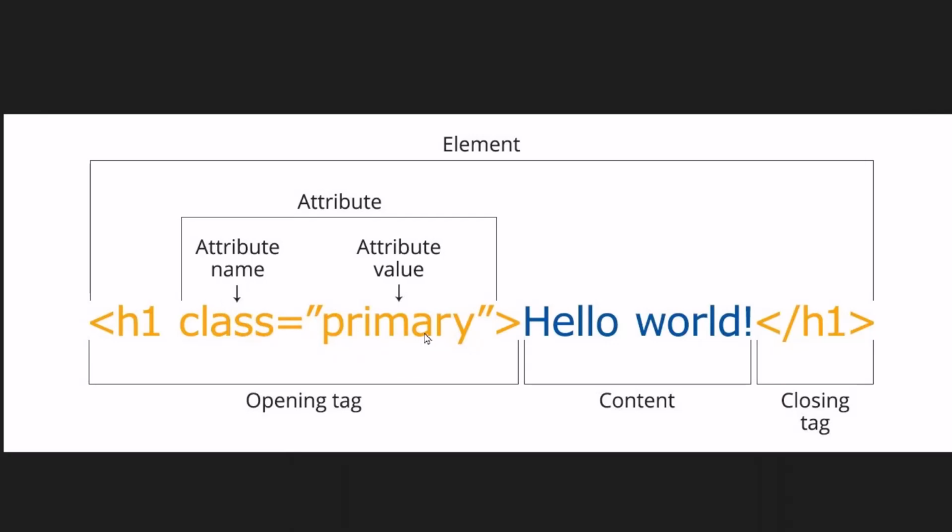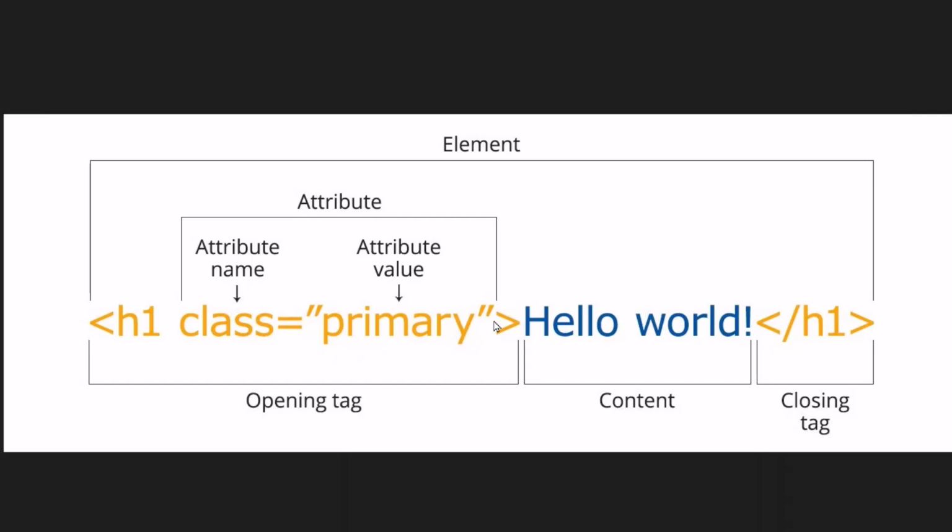We can have more attribute values, just separate them with a white space, and we can also have more attributes, just separate each attribute with a white space. As time goes on, we will get to know some of these other attributes that can be used in an HTML element. Alright, I hope this explanation gives you a head start on what an HTML element is.